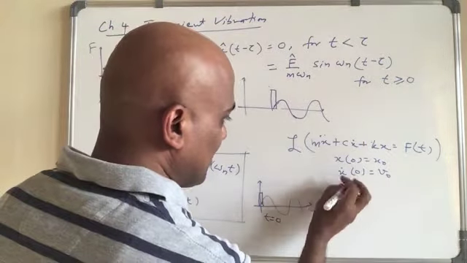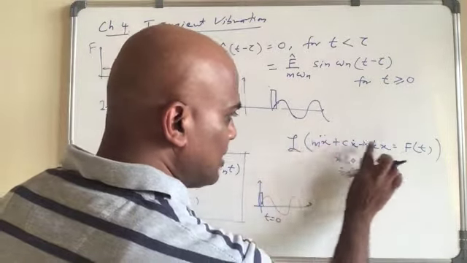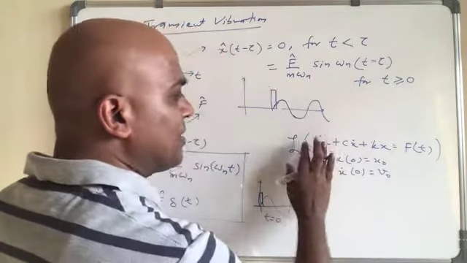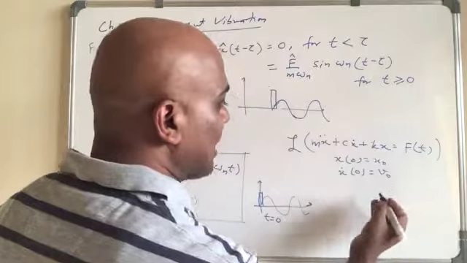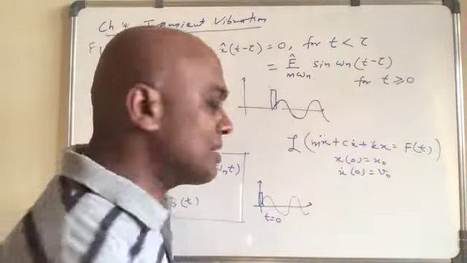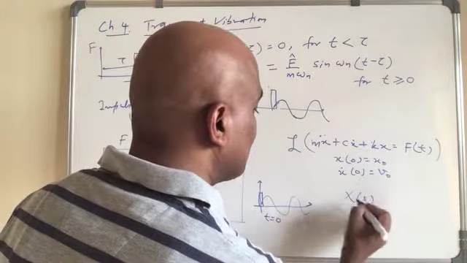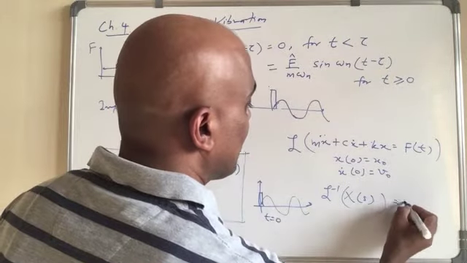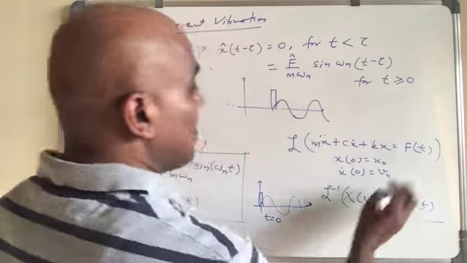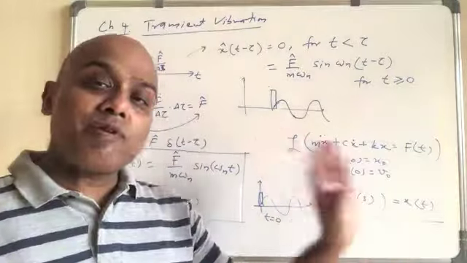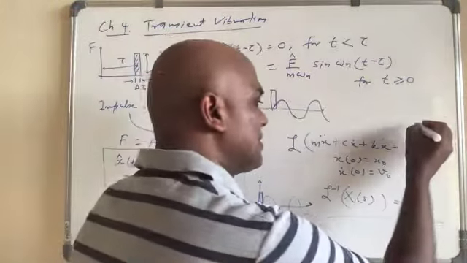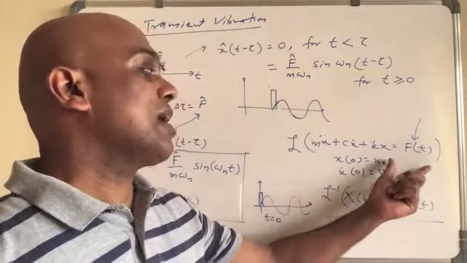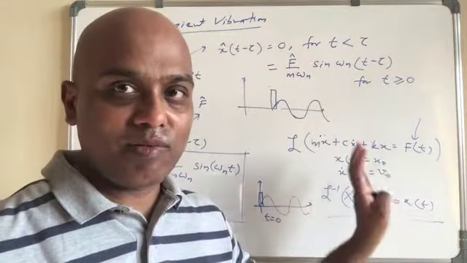You take the Laplace transform on both sides, and then you take the inverse Laplace transform of whatever you get, and that will give you x(t). So this method we know, a very powerful method. Given any kind of force, you can find the solution for sure. We know that.